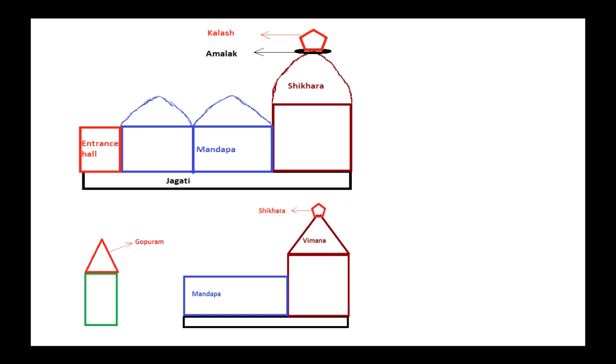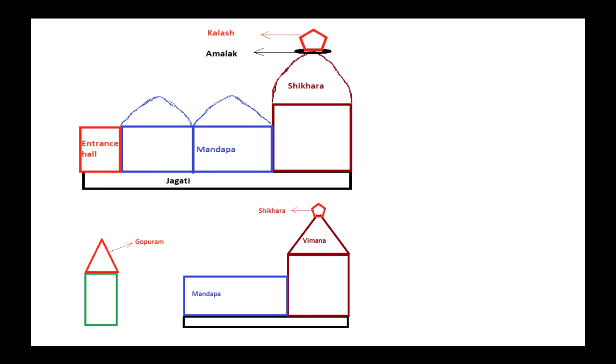But in Dravidian style temple architecture, there is a boundary wall and on the entrance gateway there was Gopuram, a tall structure, and it was known as Gopuram. Then Mandapa, and there is no Sikhar on Mandapa, and on the top of Garbhagriha we found there is Viman.